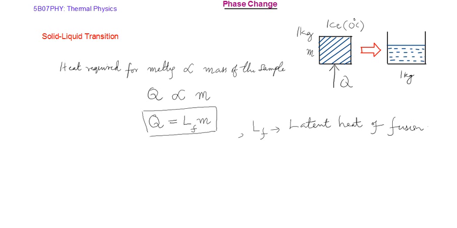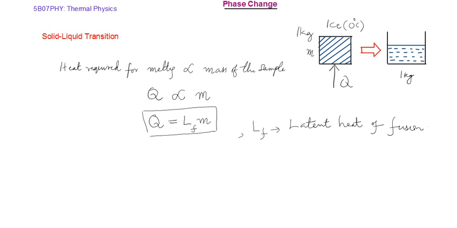That is what is known as the potential energy. So heat given will be used up just for changing the potential energy, not the kinetic energy. So there won't be any rise in the temperature.